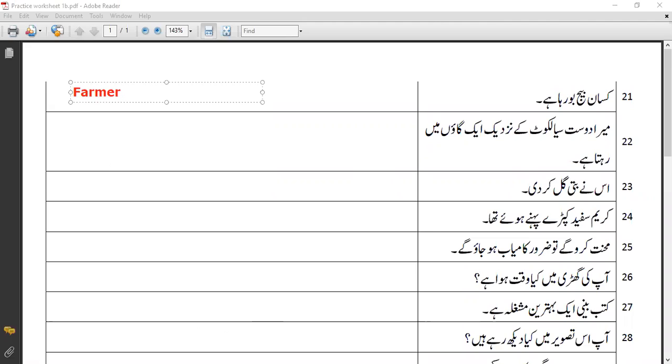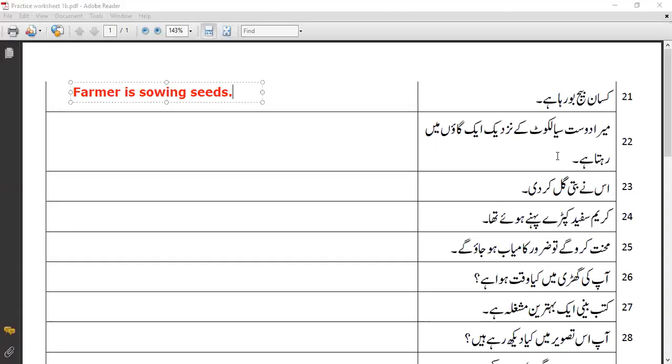Farmer is sowing seeds. Okay, किसान बीज बो रहा है. बोना basically sowing. मेरा दोस्त सियालकोट के नज़दीक एक गांव में रहता है.